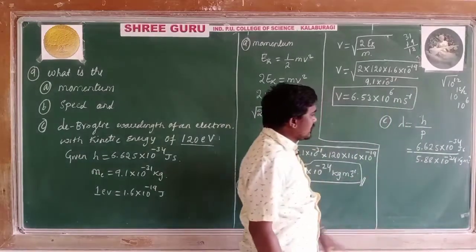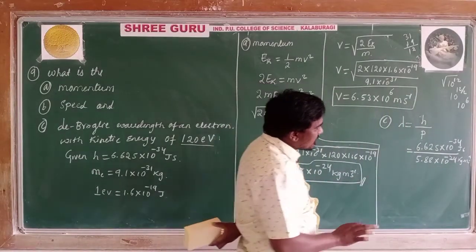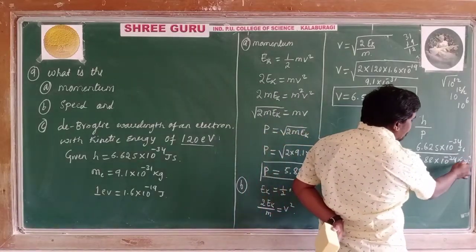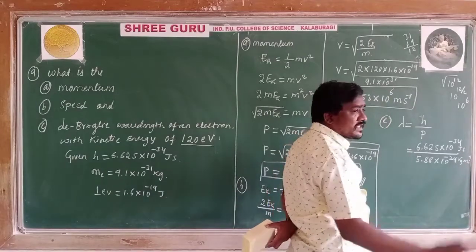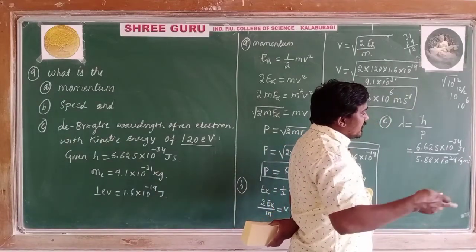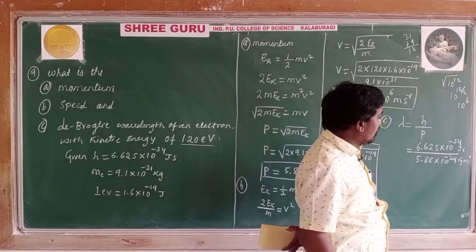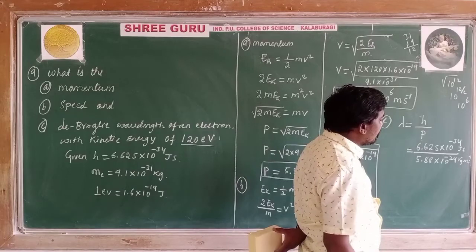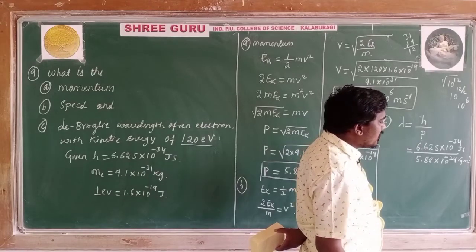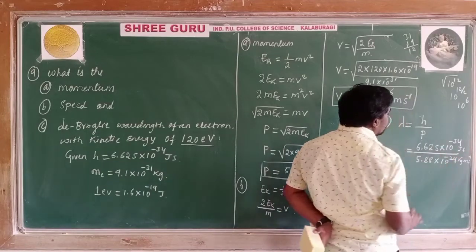What is the wavelength? If we consider this kg meter per second, this second will come to the denominator, meaning per second. Kg meter per second square is nothing but joule. Listen here, you are converting in the form of joule.